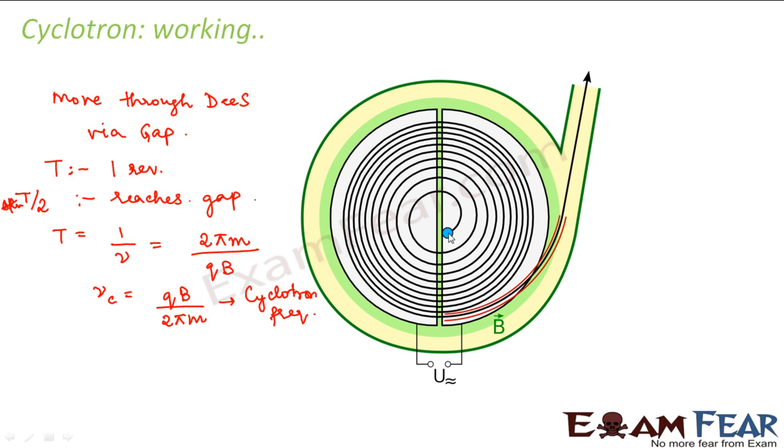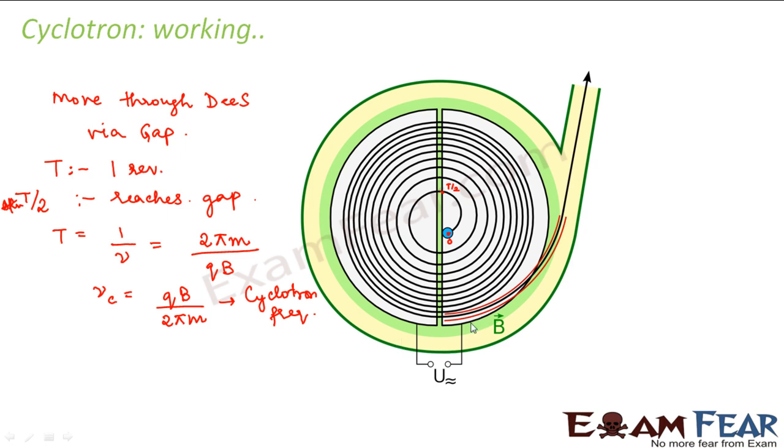Suppose a particle starts moving from here, so the time is 0. When it reaches here, the time is T by 2. The voltage is adjusted so that within this T by 2, the voltage gets reversed.